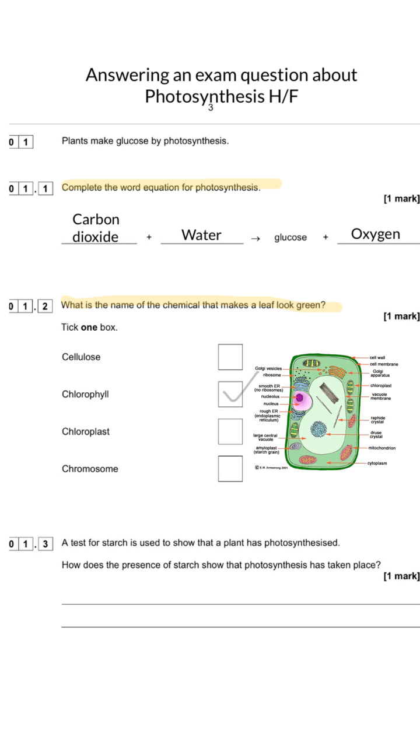It's better to store it as starch as it's more compact. So if we know that glucose is produced but then stored as starch, starch is also an indication that photosynthesis has taken place. So we can write that glucose produced in photosynthesis is converted into starch.